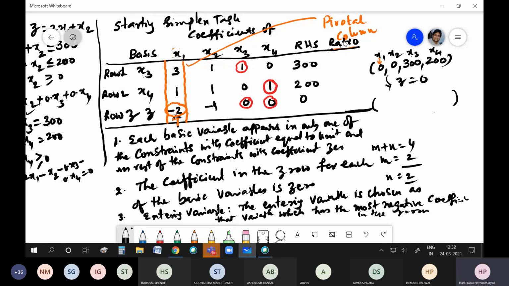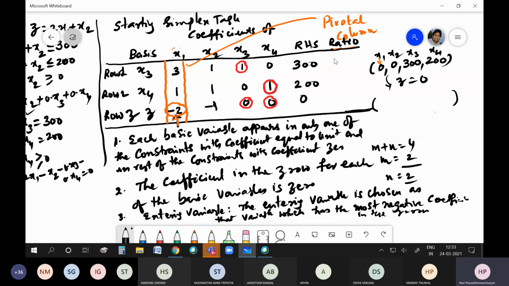Once we mark the pivotal column, in the pivotal column you see the coefficients which are positive in the constraints. This 3 and 1 both are positive. Take the ratio of the RHS divided by this pivotal column coefficient.